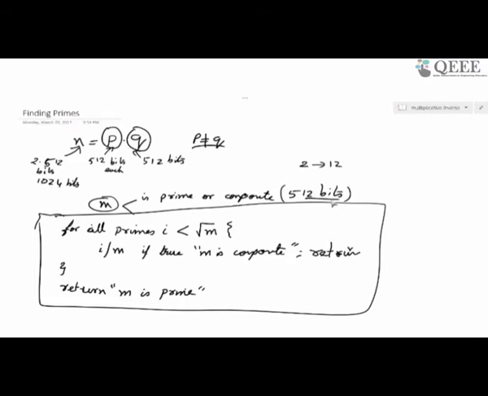Checking this is extremely hard. If you have a 512-bit number, we have to run the test for all primes i from 1 to square root of m, that is, i less than 2 power 256, and this itself is a very huge and extremely difficult task.